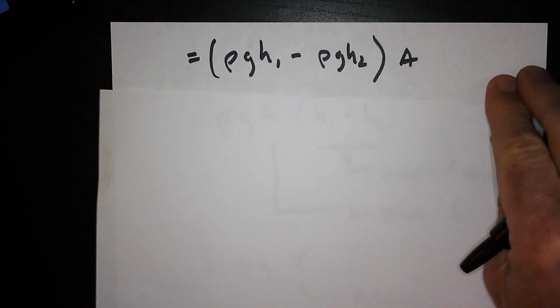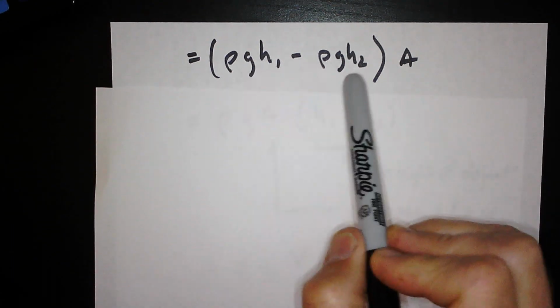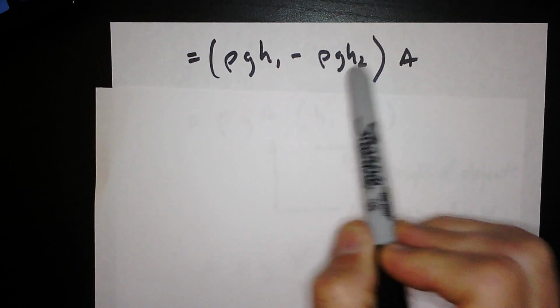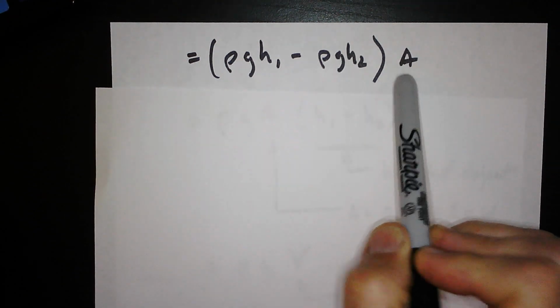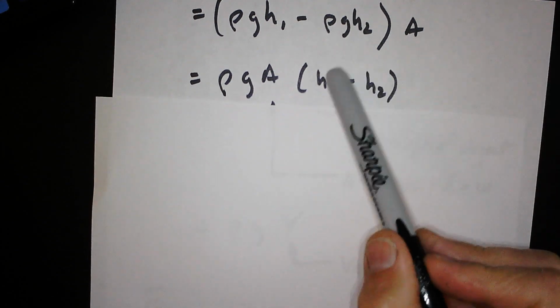All right, so now let's continue this. Now I'm just substituting rho g h for one pressure, rho g h for the other pressure, times the area. So I'm just rearranging here.